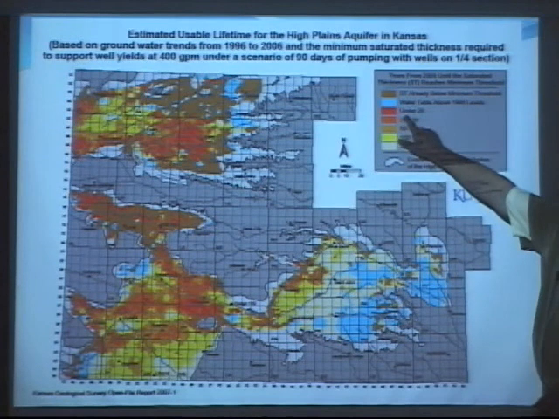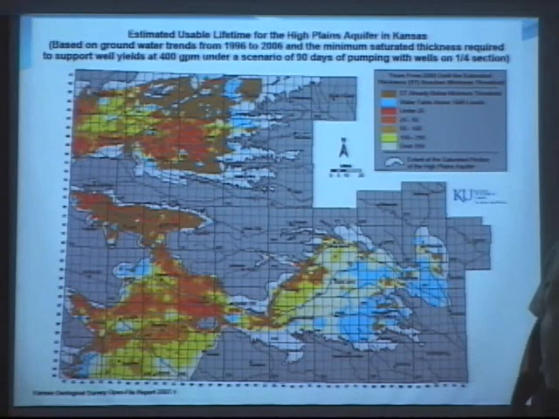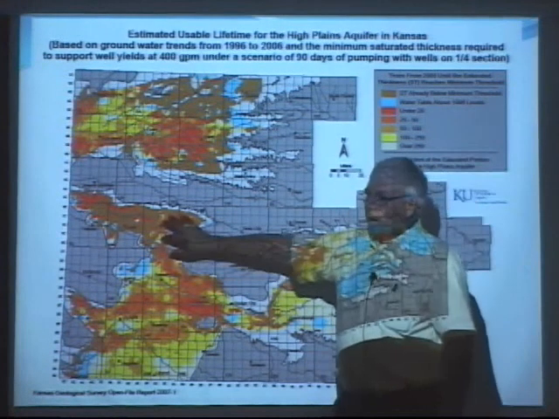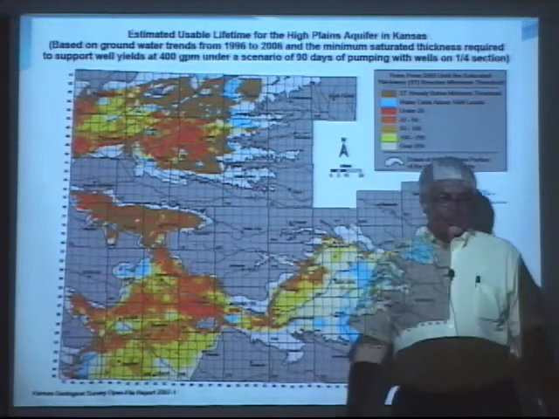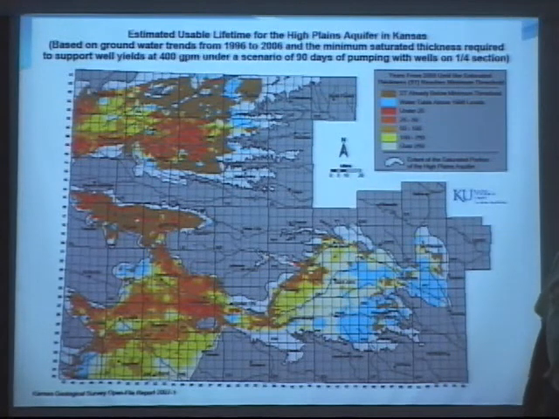So the red area, well, let's start with the brown. These are areas that are already below that minimum level. So brown areas, it's not really economically feasible. So this area around Scott City, it looks like, what, maybe 80% of the area has already been dewatered. So their irrigation has already dropped back quite a bit.